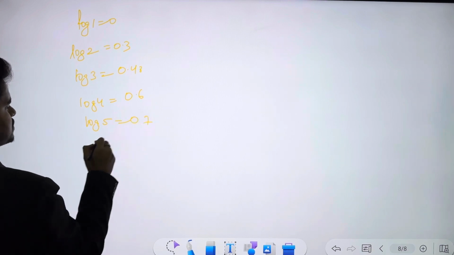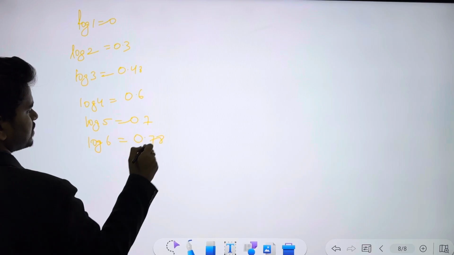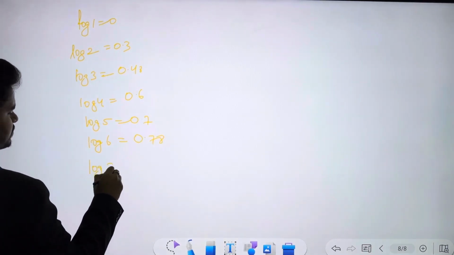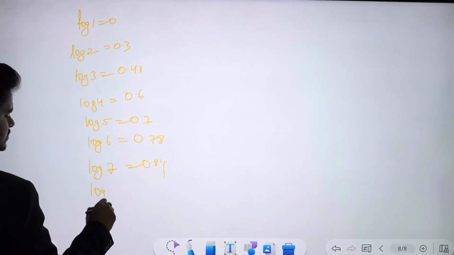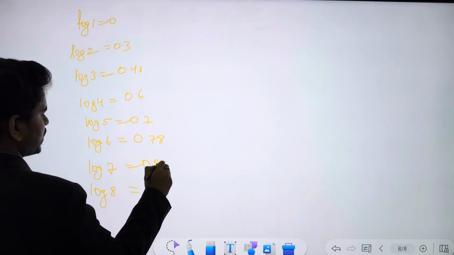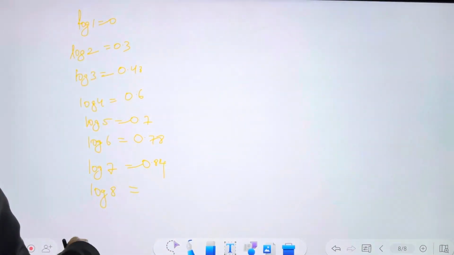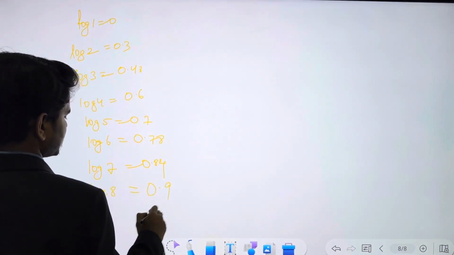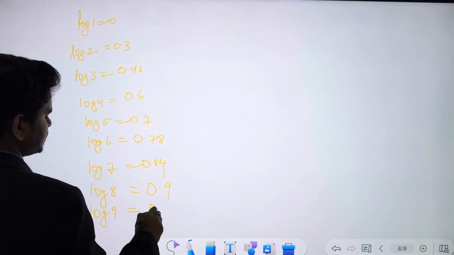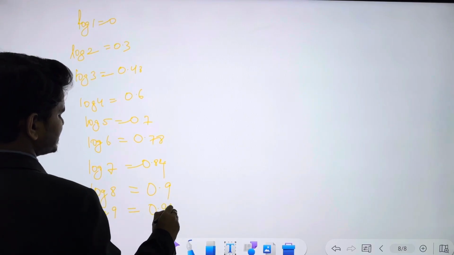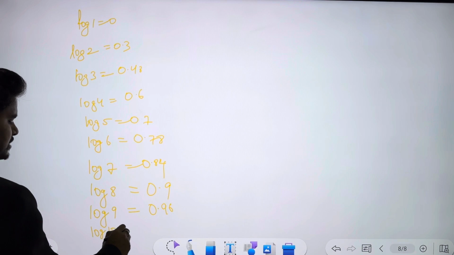Log 6 was 0.78. Log 7 was 0.84. Log 8 was 3 into 0.3, that is 0.9, and log 9 was 0.96, or you can say 0.95, and log 10 is 1. That is something we know, guys.